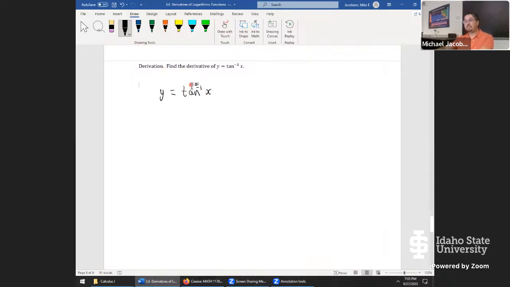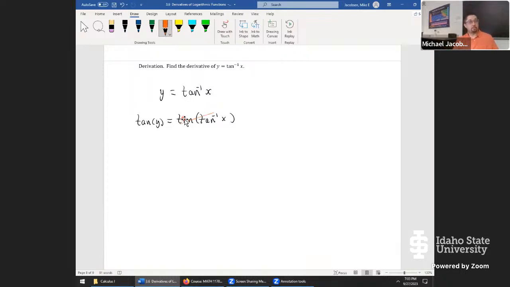We want to wipe out that tangent inverse there because that's the unknown. We don't know how to differentiate it. But if you go like this, tangent y on the left, then you're forced to take tangent of tangent inverse of x on the right-hand side. And that's our nice cancellation.